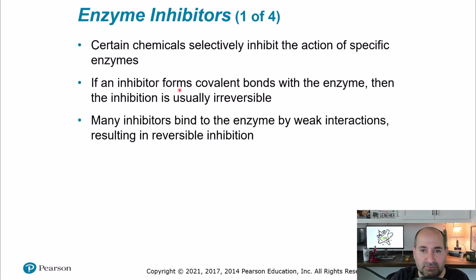If an inhibitor forms a covalent bond with the enzyme, then the inhibition is irreversible. It's a permanently hindered enzyme. However, many inhibitors bind to the enzyme by weak interactions, resulting in a reversible inhibition. So it all depends on the inhibitor. Some inhibitors will permanently take out an enzyme. Some inhibitors will temporarily take out an enzyme.